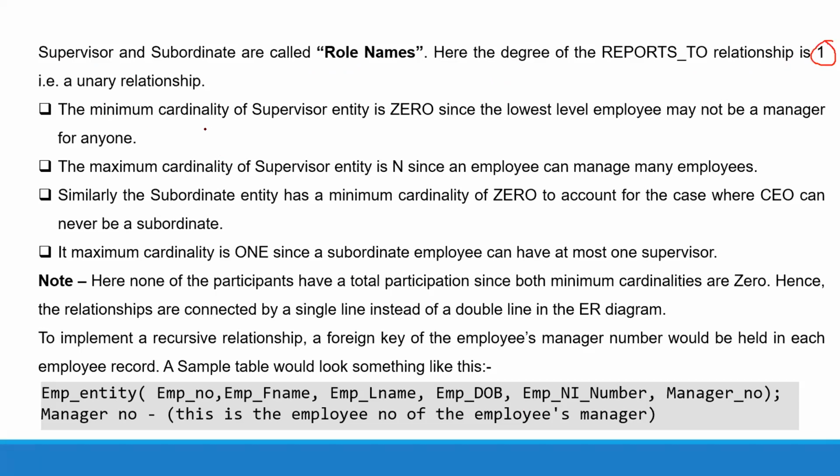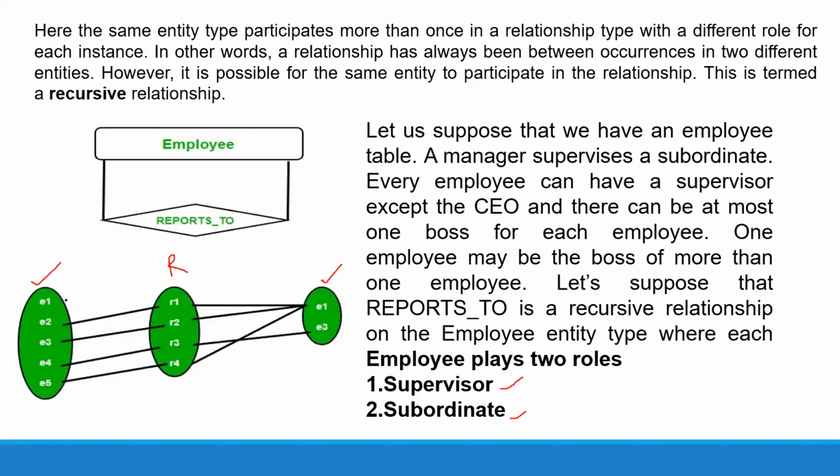The minimum cardinality of supervisor: from this picture, E1 is not supervising initially, so that is 0, and after that he is supervising E2, E3 and E5, so the cardinality is many.